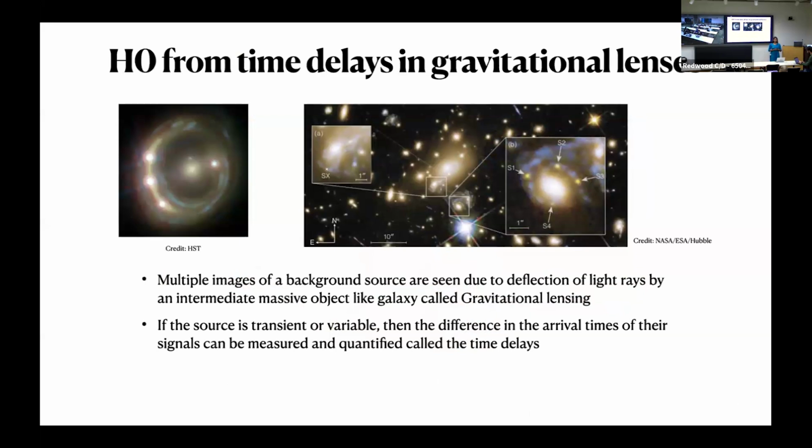So with strong lensing, we can do H0 measurements. In strong lensing, we can see multiple images of a distant background source. If the source is a variable or transient source, then we can measure the time delays between the multiple images.